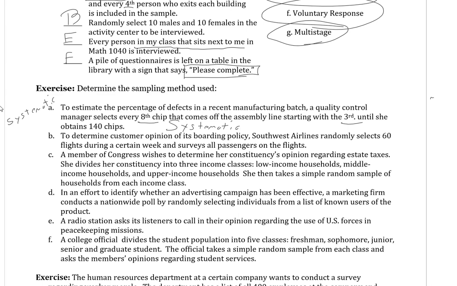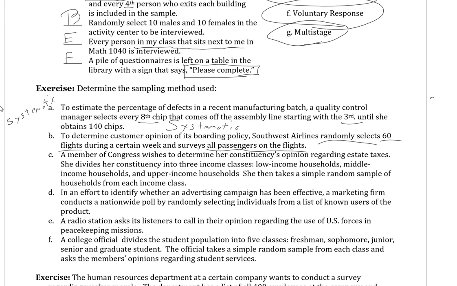Now, B, to determine customer opinion of its boarding policy, Southwest Airlines randomly selects 60 flights during a certain week and surveys all passengers on those flights. So 60 flights is probably not all the flights that they have in the week, and there's that implication. They randomly selected them, so it's probably not all of them.